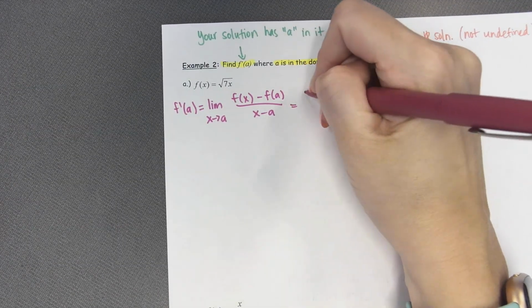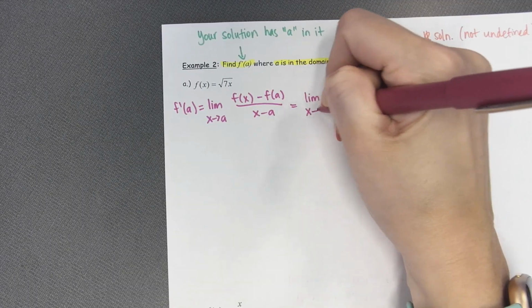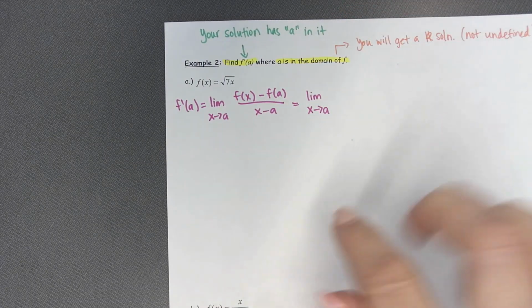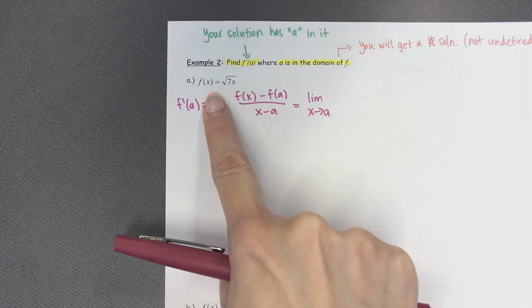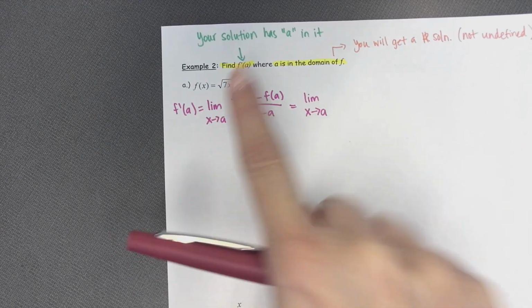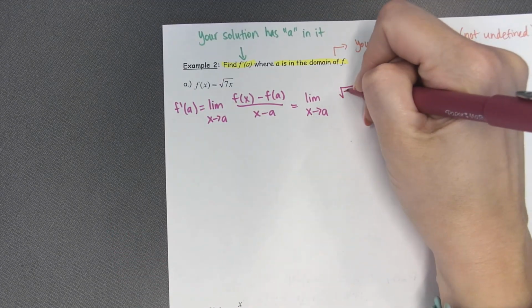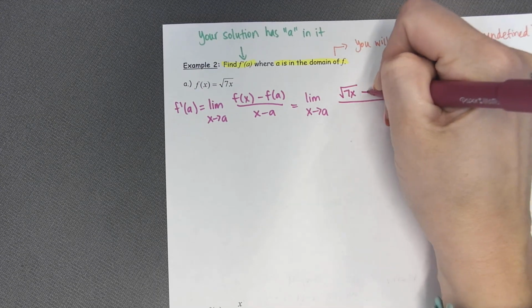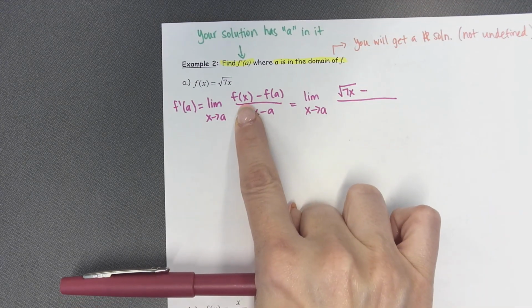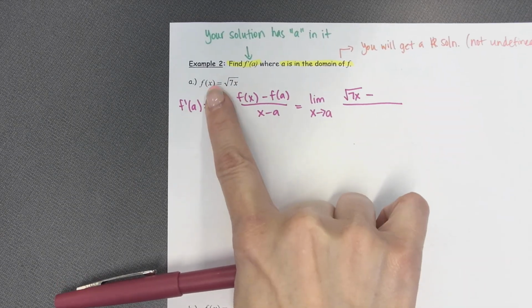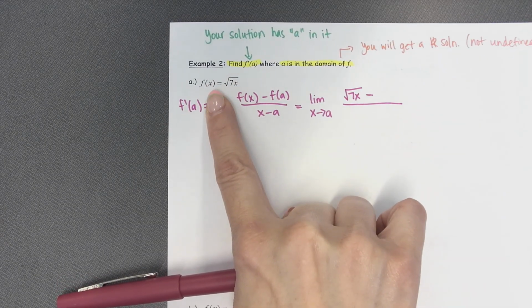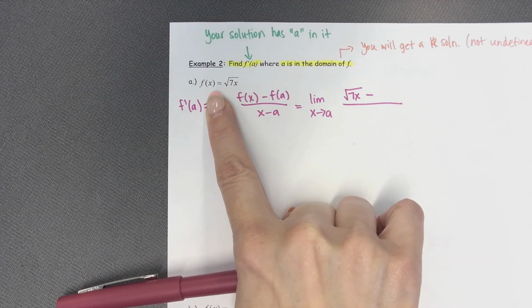All right, so now we're going to plug in some things. f of x is just the equation, the square root of 7x, so that's what we plug in for f of x. f of a is just this equation, but instead of x, we're going to replace it with what? a, right?